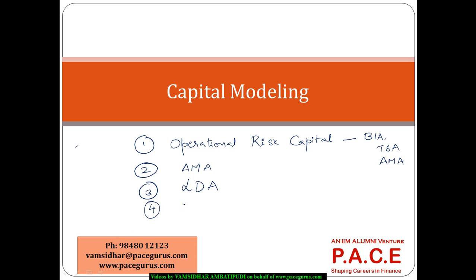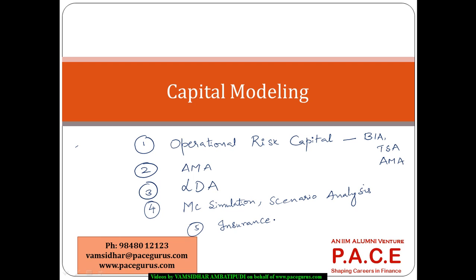And we'll see how some tools like Monte Carlo simulation as well as scenario analysis can help us in achieving this kind of a goal. And how can insurance play a role with respect to the capital modeling? Now, this is what is the typical set of topics that we are going to take up.